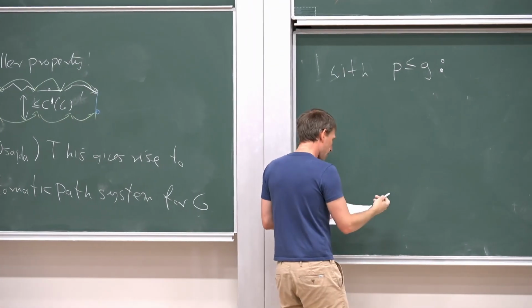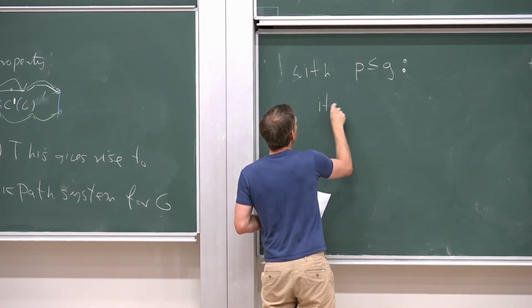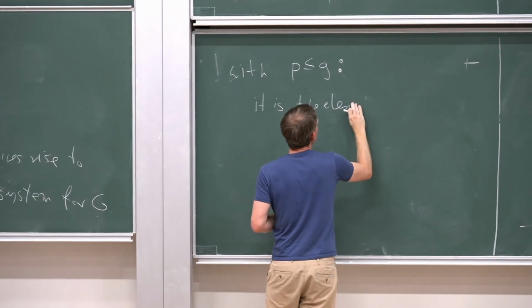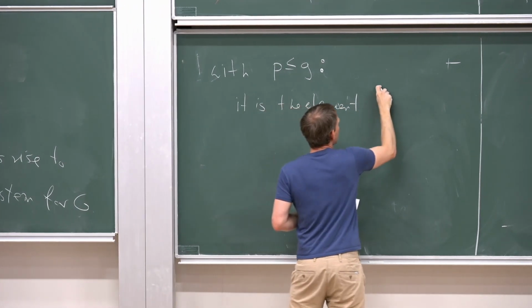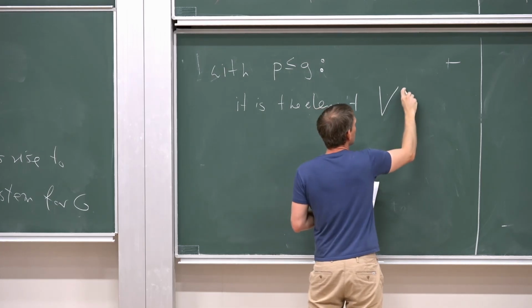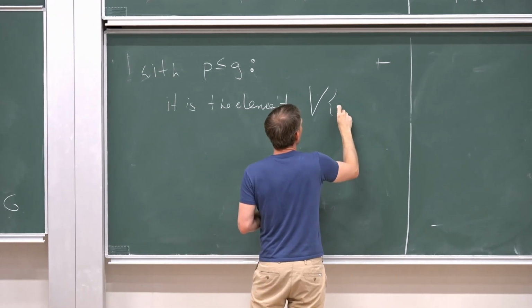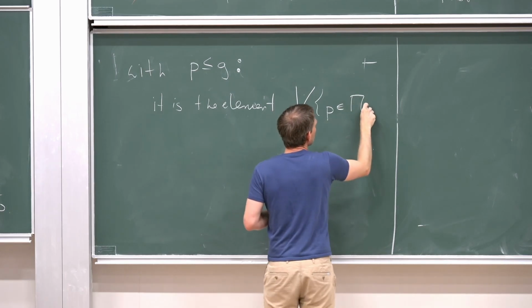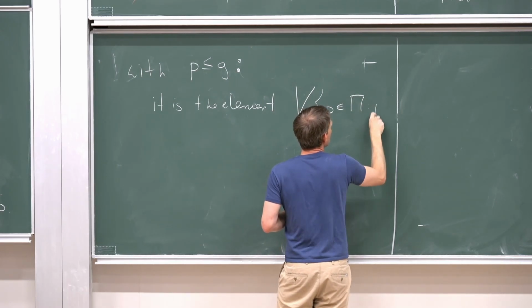It's just that you can define it as the element which is just the join of all the elements in the shadow such that they are smaller than G.